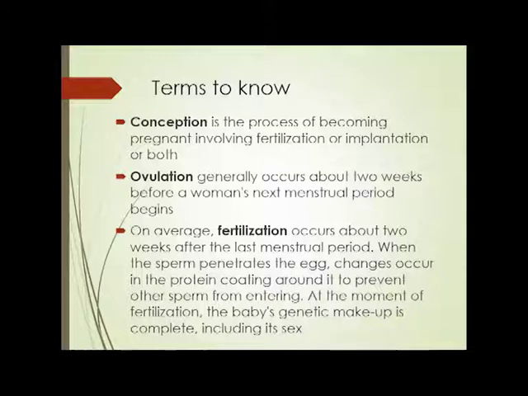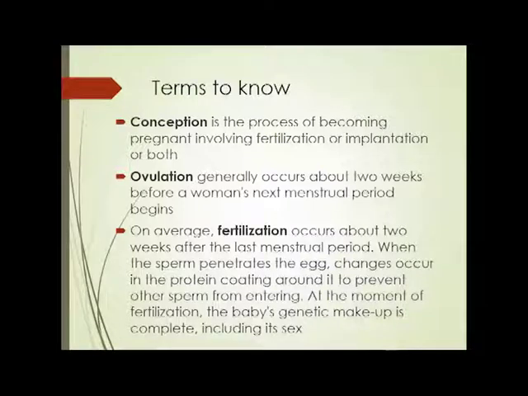So the terms that I also want you to have a look at include conception, which is the process of becoming pregnant involving fertilization or implantation or both. We have ovulation, which generally occurs about 2 weeks before a woman's next period begins. And on average, fertilization occurs about 2 weeks after the last menstrual period.